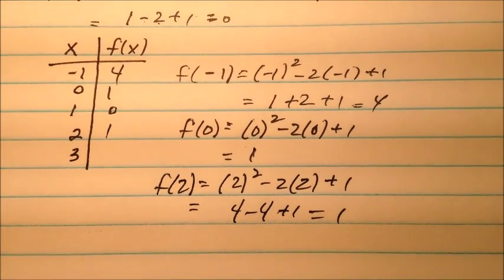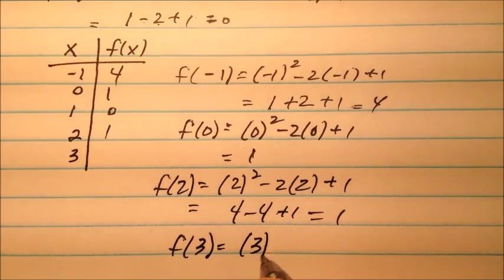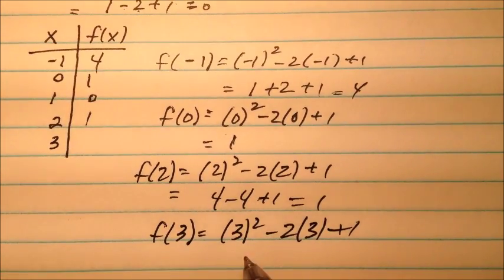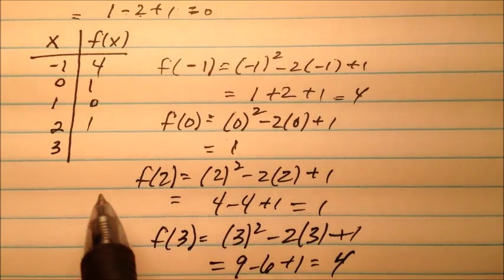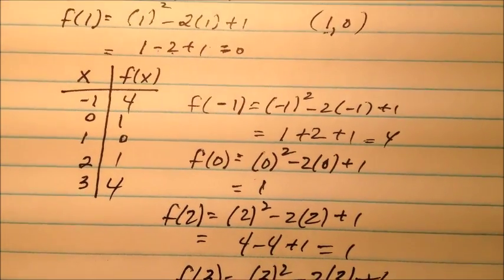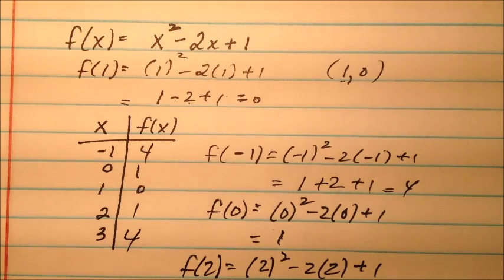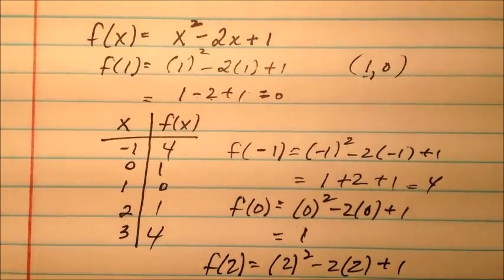And that's pretty nice. And finally, let's do f of 3. So we have 3 squared minus 2 times 3 plus 1. So 9 minus 6 should be 3, plus 1 is 4. So this makes some nice patterns simply because I know this function is going to be a nice parabola. It's quadratic in nature, which is far beyond the scope of this video.